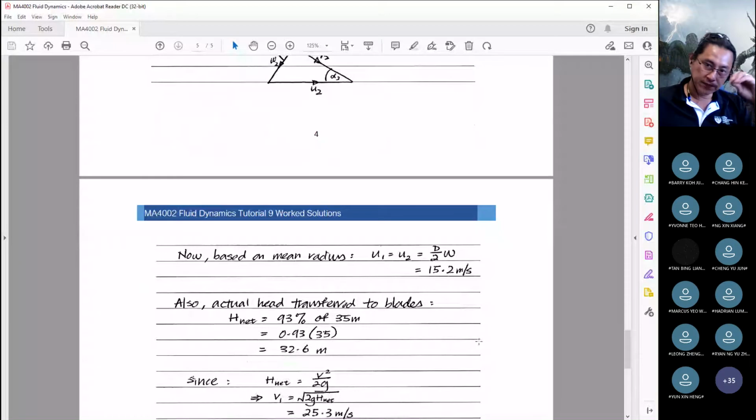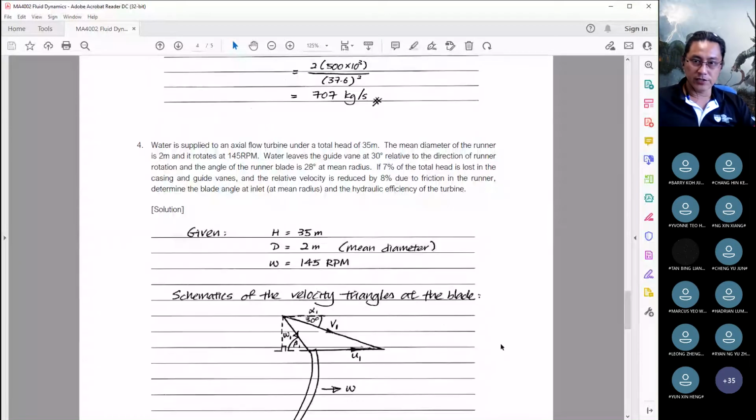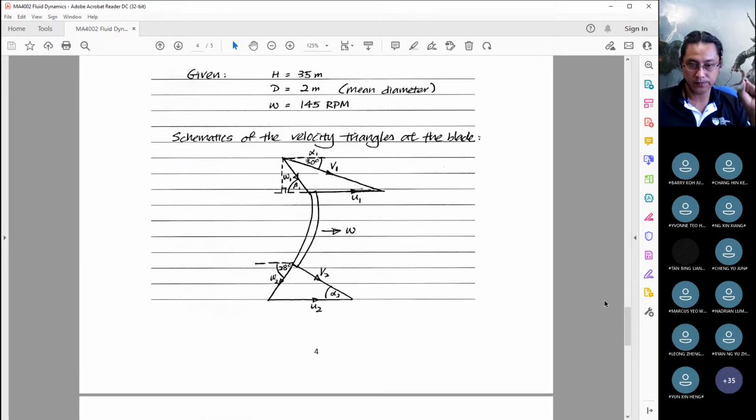Okay, so now, this question is very interesting because of a couple of statements. If 7% of the total head is lost in the casing and guide blades, so that means this 35 meter pressure head is not the one that you should be using for the calculations.